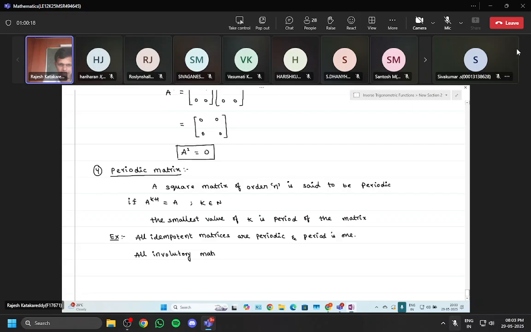All involutory matrices are periodic again. And in this case, the period is 2. Normally A square is identity. Multiply A on both sides. You get A cube is equal to A.